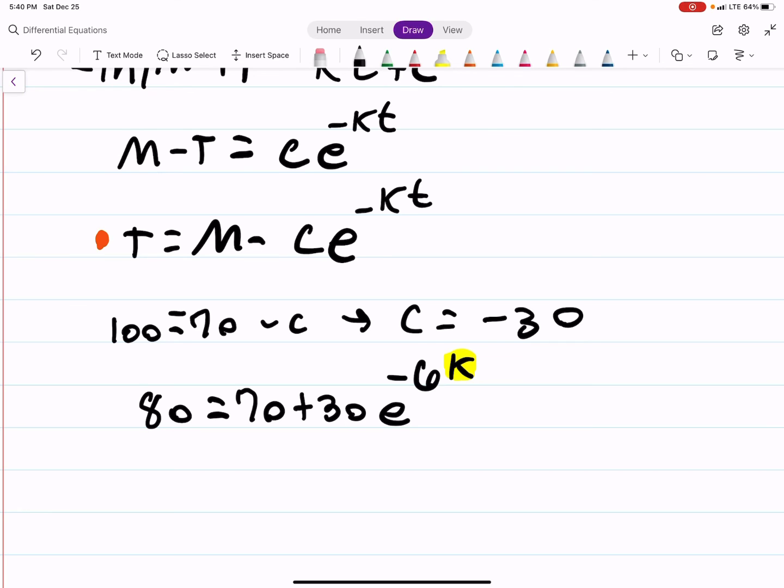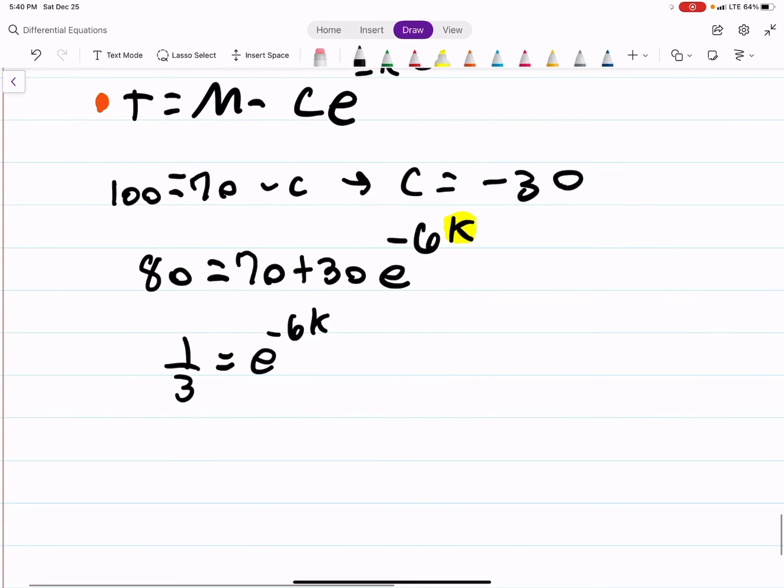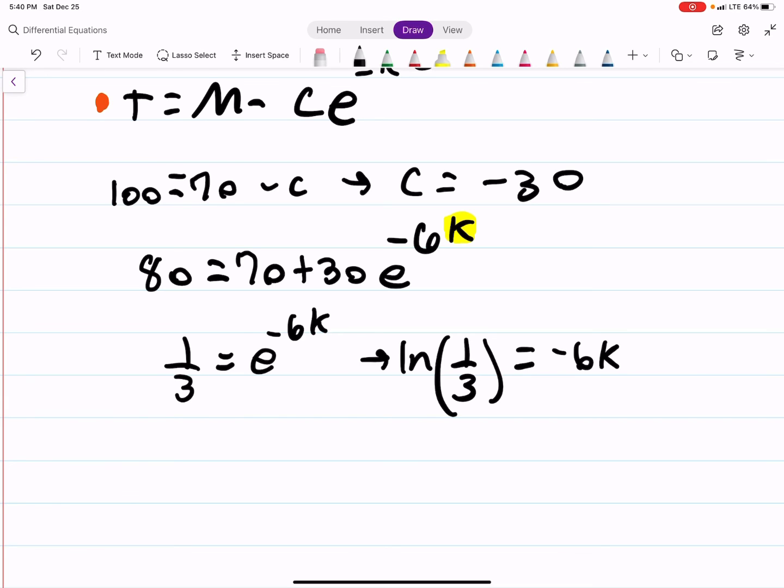Okay, so let's see. Subtract over, that's 10, so 10 over 30, so 1/3 equals e to the minus 6k. Or the natural log of 1/3, we want to solve for k, there's no need for absolute values, equals minus 6k. k equals minus the natural log of 1/3 over 6, which is about 0.18.